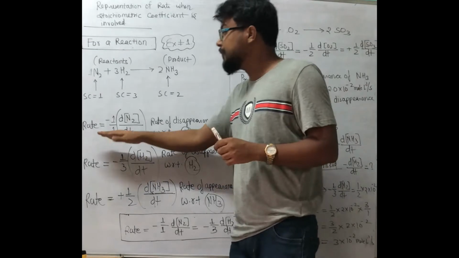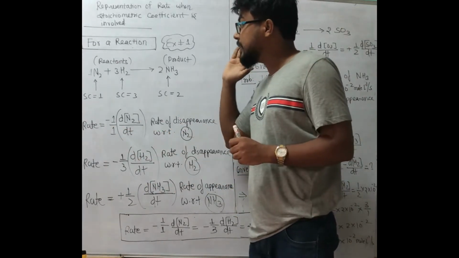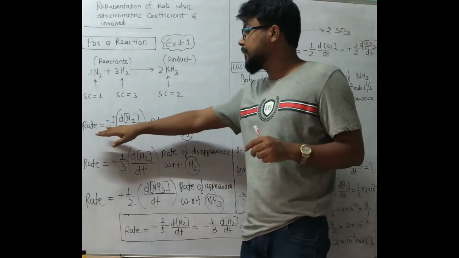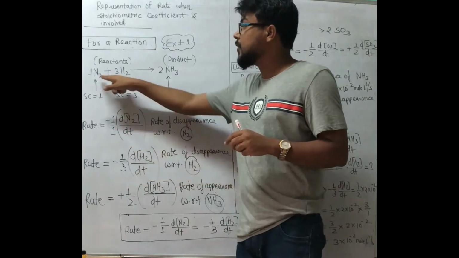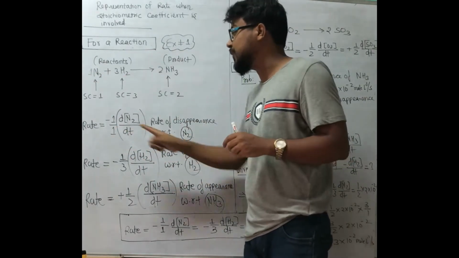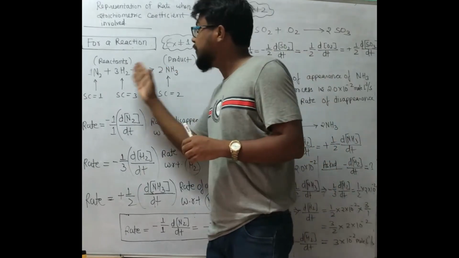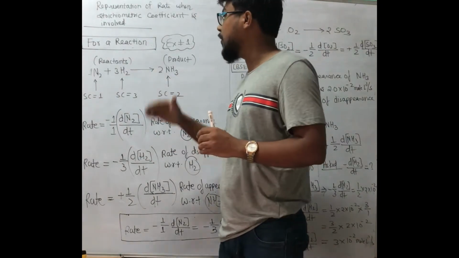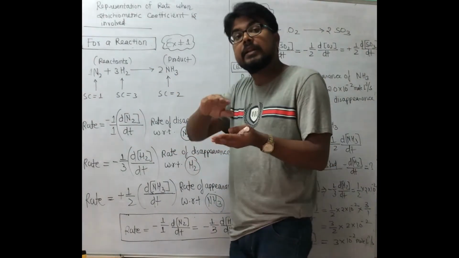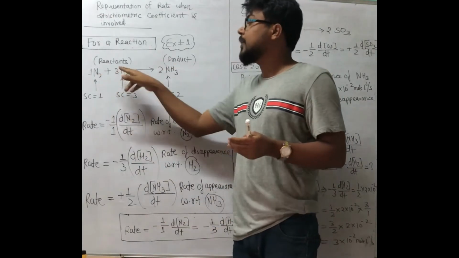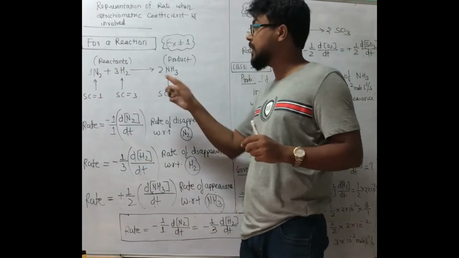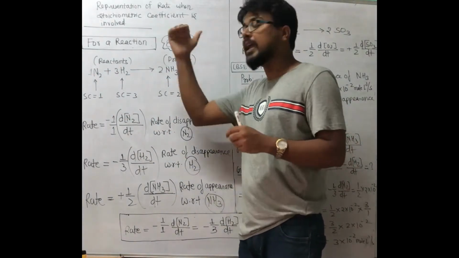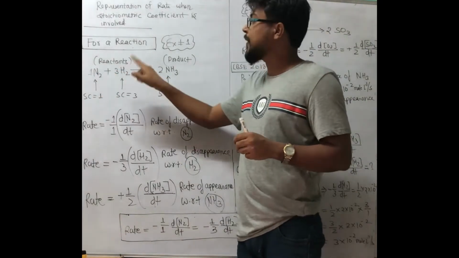So how will the rate with respect to these reactants and products be modified? The rate with respect to nitrogen: in front of nitrogen the stoichiometric coefficient is 1. Whatever the value of the stoichiometric coefficient is, you will write it in the form of 1 by 1, 1 by 3 and 1 by 2. Remember, this will always go in the denominator, downstairs, with 1 upon it, like 1 by 1, 1 by 3 and 1 by 2.